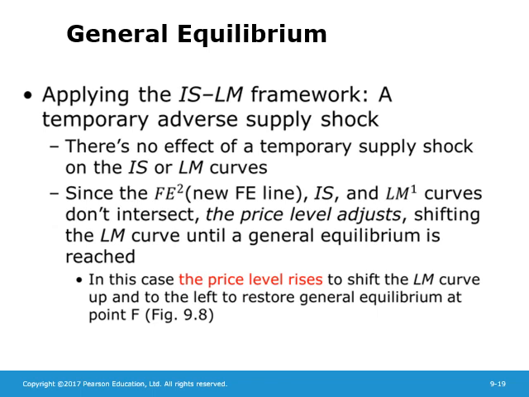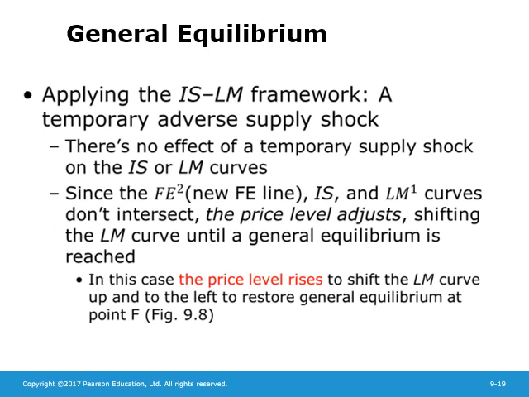And as we will see in the next figure, the new FE line, the IS curve, and the LM1 curve, the original one, have no point of intersection between the three, and we need a point of intersection to reach the general equilibrium. So what shall happen to reach this general equilibrium?